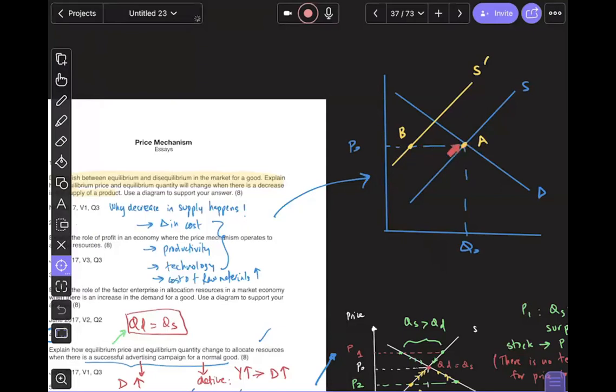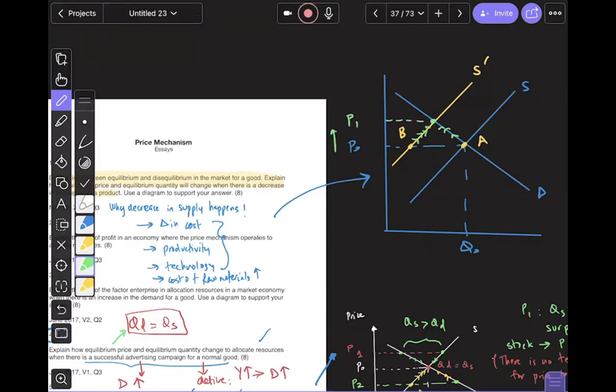You will see a shortage happen. Why? Because supply has gone down, quantity demanded is still at Q naught, and there will therefore be a tendency for price to increase to P1, and we will be at point C.